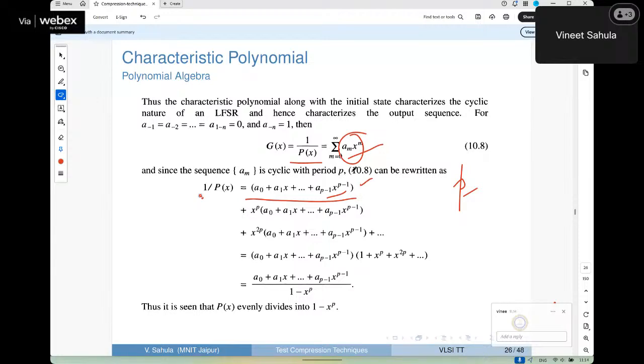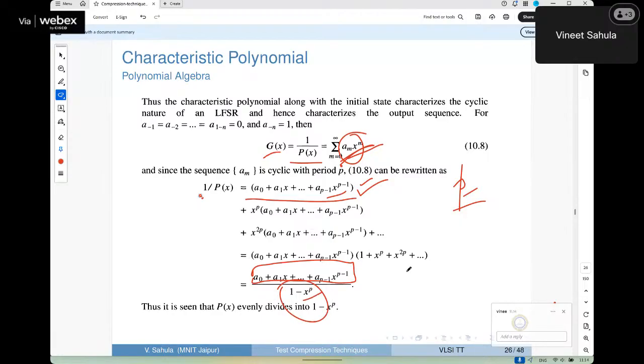So the sequence gets repeated at output. It's the period of the sequence. So I can expand this and I find out that this sequence which I separated is actually available, evenly divides.